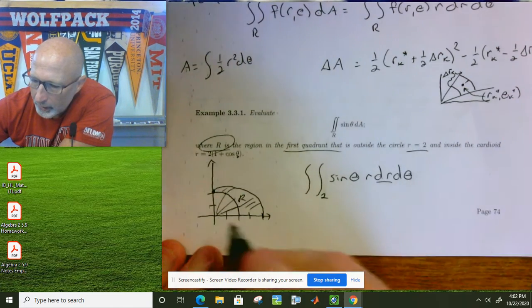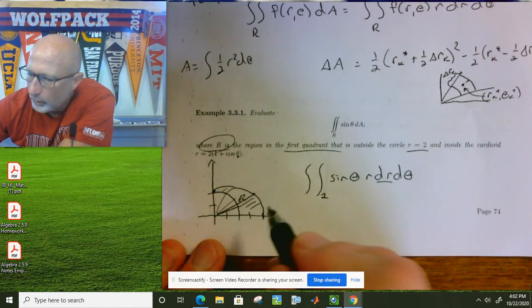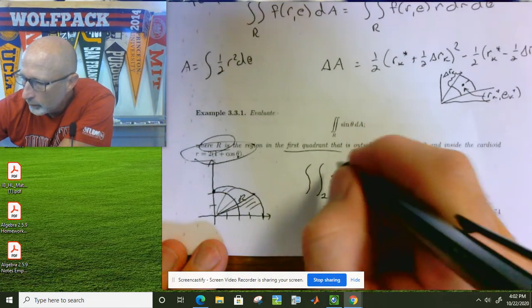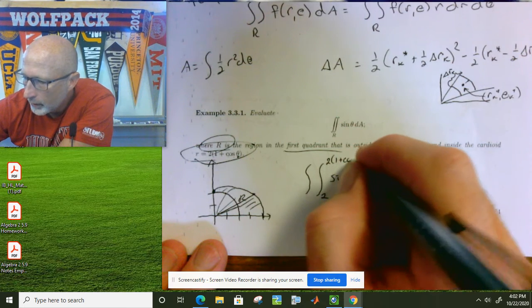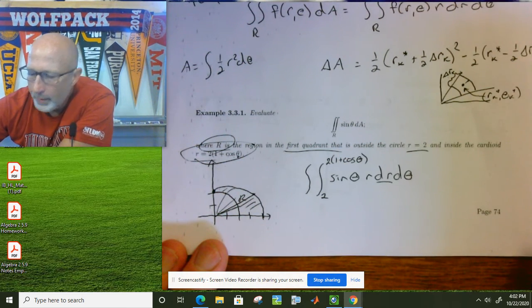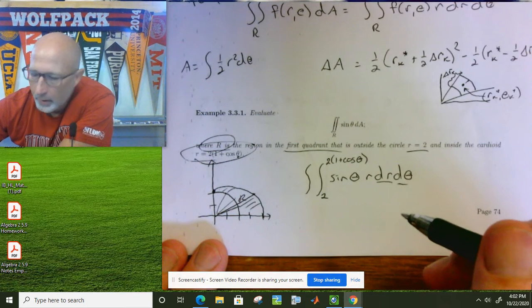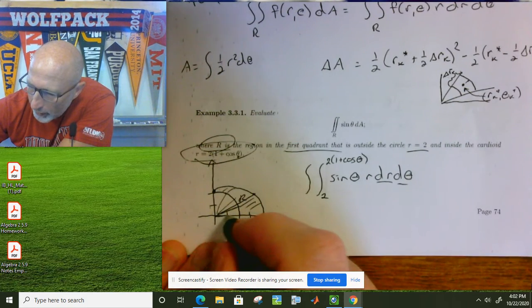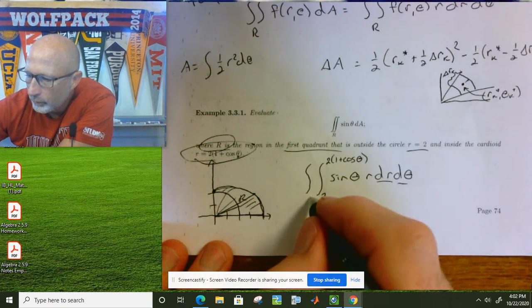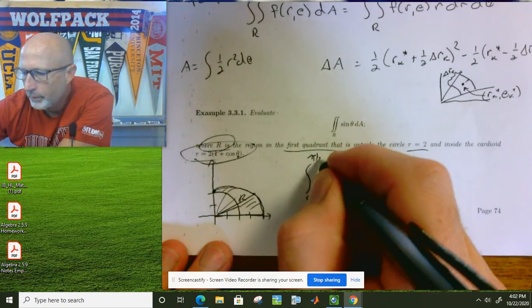And then the bigger radius is going to go all the way out to the outside one, which is the equation 2 times 1 plus cosine of theta. And then what are my thetas going to go from and to? The smallest theta is right here, 0, and it gets rotated all the way up there to pi over 2. So it goes from 0 to pi over 2.